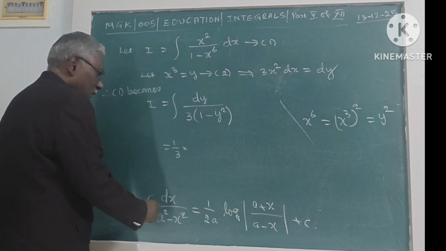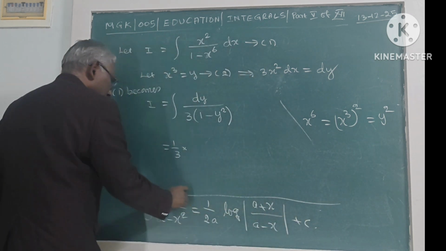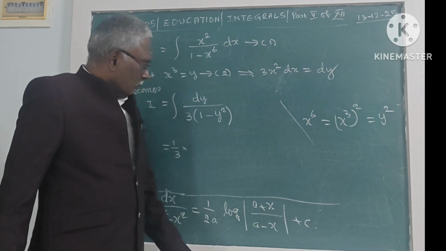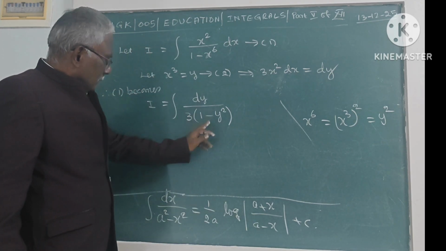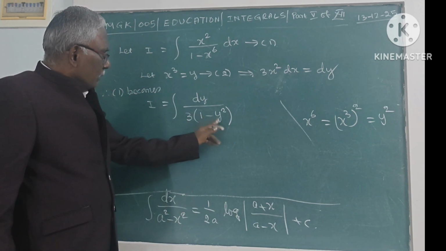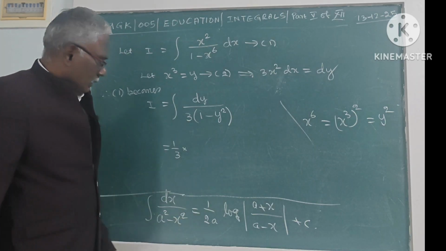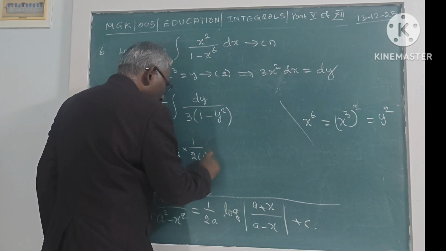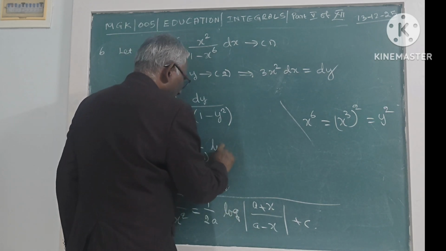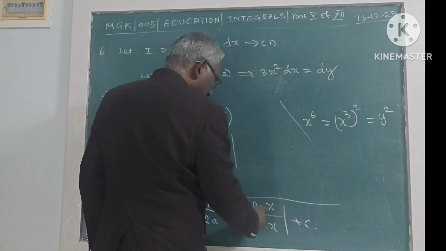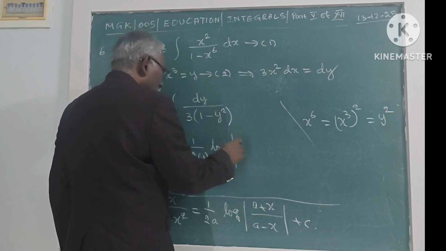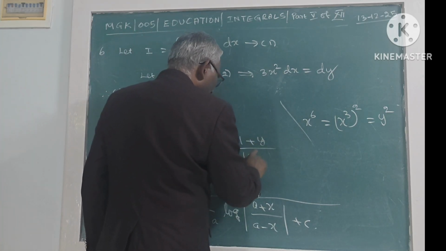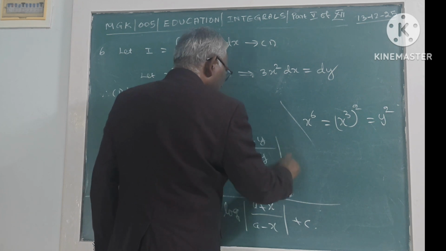So this is the formula. Here the value of a is 1. So we can write 1 by 2 into 1 log of 1 plus y by 1 minus y plus constant.